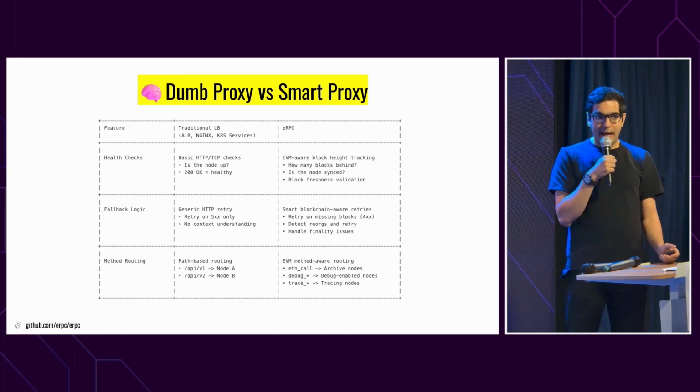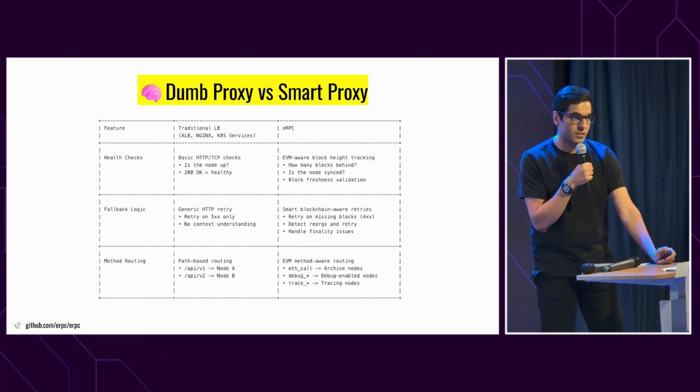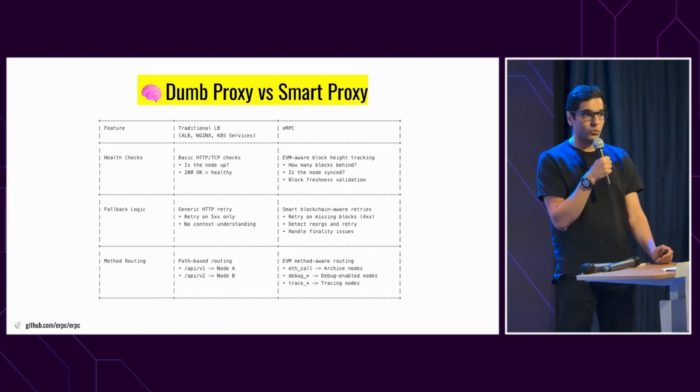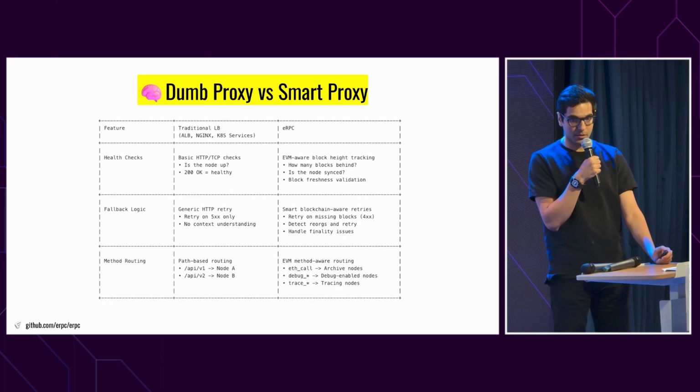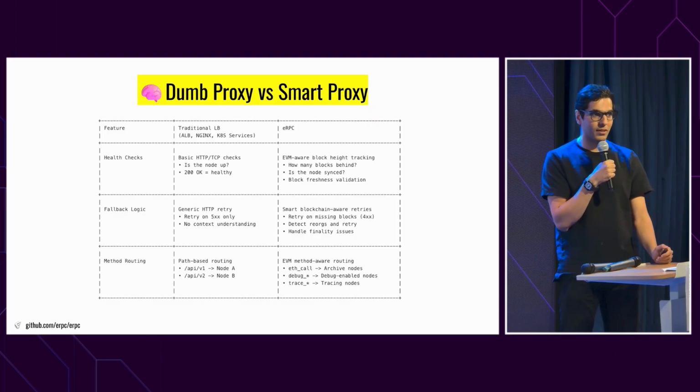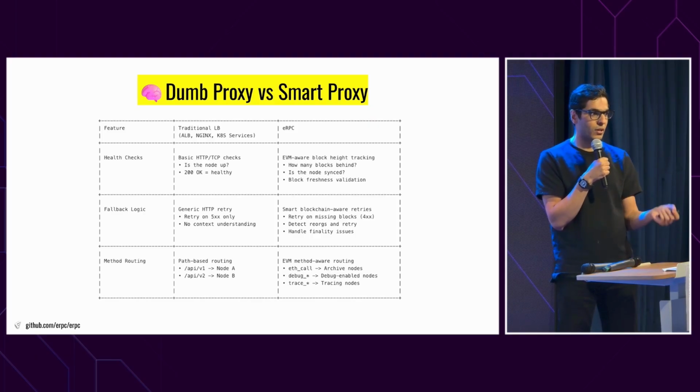And also in the past year, I have probably talked to hundreds of teams, and it's really funny that a lot of teams just build something in-house for this. You might ask, why don't I just use a traditional LB solution, like Envoy or Nginx? The point is none of those tools have EVM context. You don't have a simple health check like whether the node is up or down.